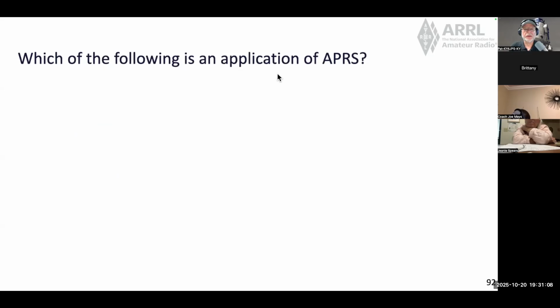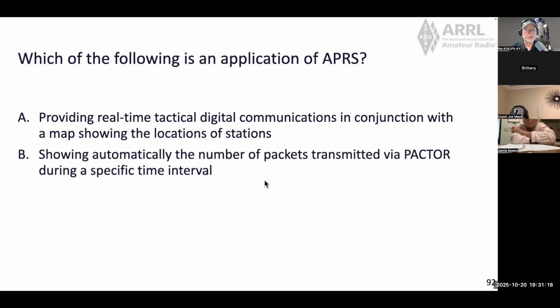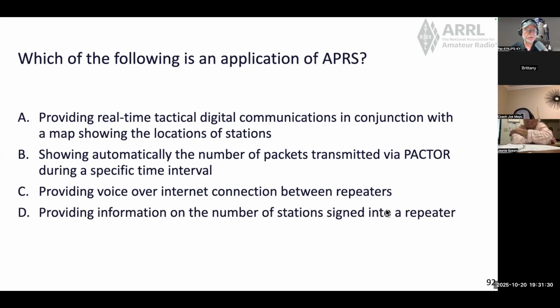Which of the following is an application of APRS? Providing real-time tactical data communications in conjunction with a map showing the location of stations, showing automatically the number of packets transmitted via Pactor during a specific time interval, providing voice over internet connection between repeaters, providing information on the number of stations signed into a repeater.